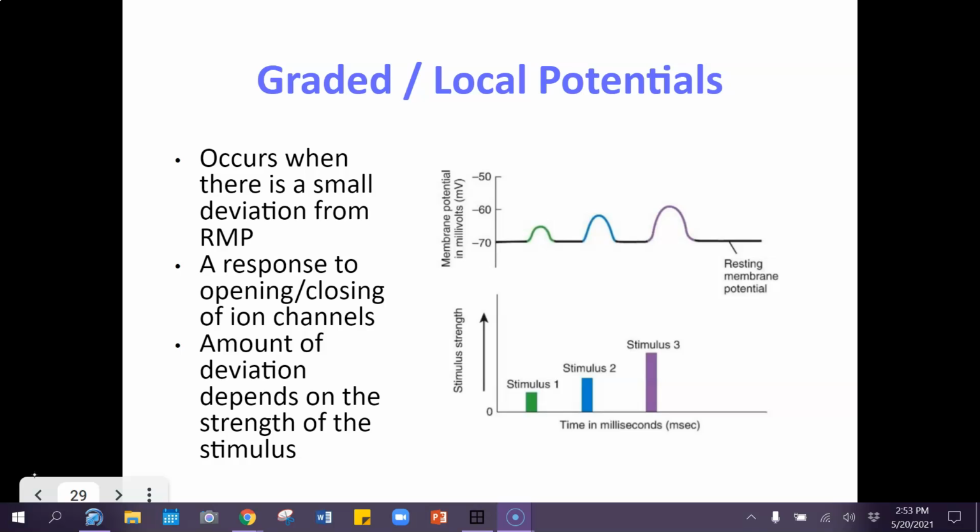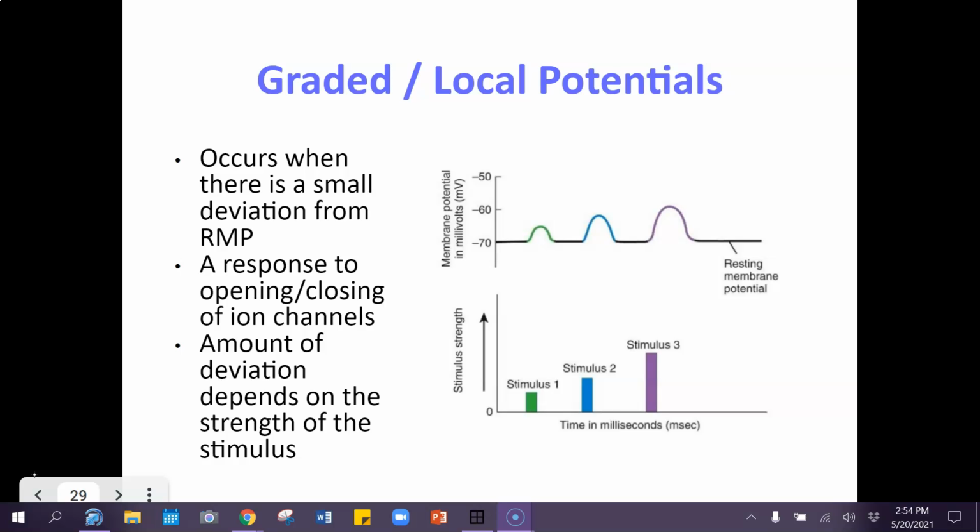A postsynaptic potential, also called a graded or a local potential, is a change in the membrane potential in the area associated with the receptor. So where the receptor is embedded in the cell membrane, that little area around it is the part of the cell membrane that is affected by a change in the membrane potential when a neurotransmitter binds there.